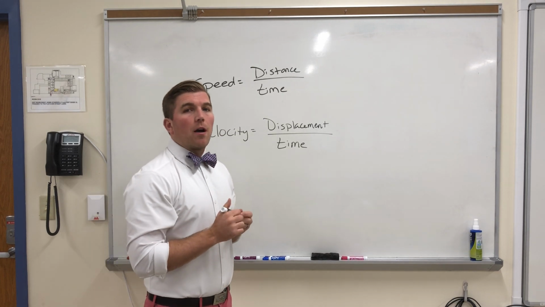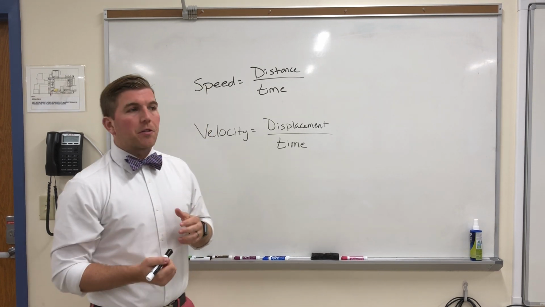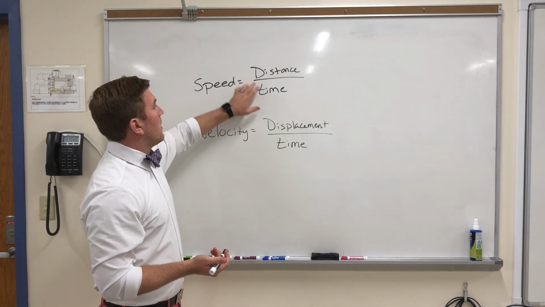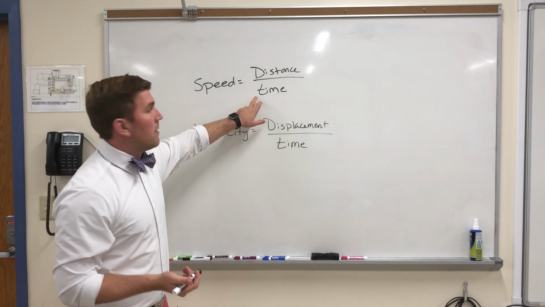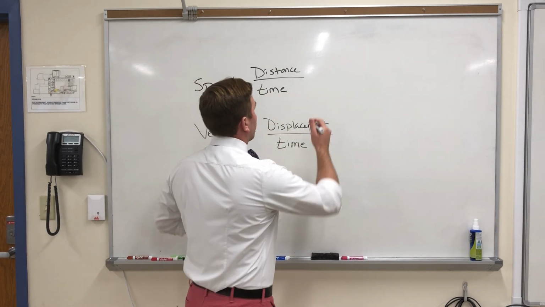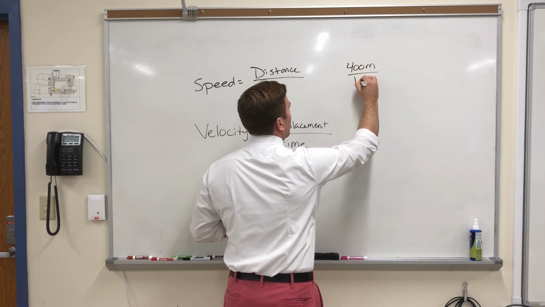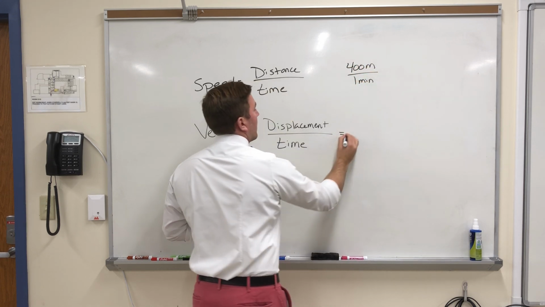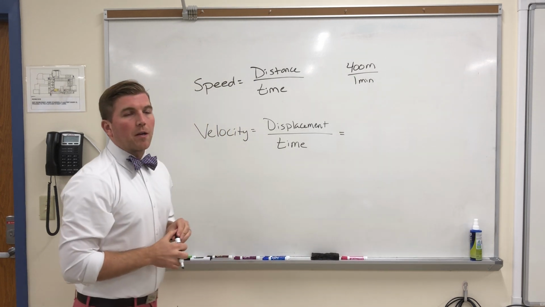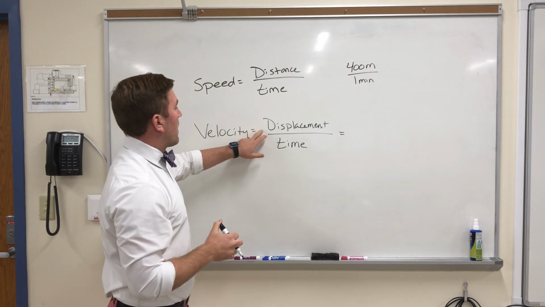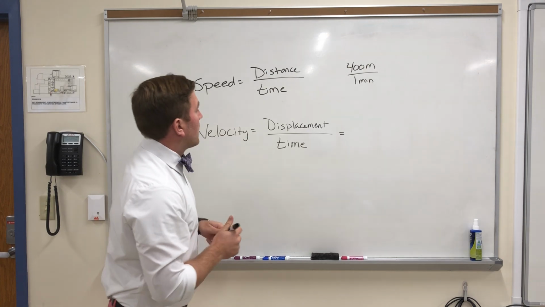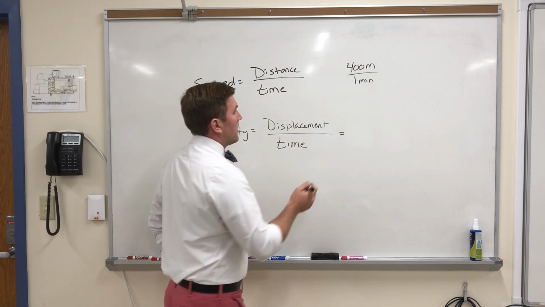So when you're in your car, if you drive around a track that is 400 meters around, and it takes you 1 minute, you would have a speed of 400 meters per minute. If I do the same drive in my car around the track, and I want to find my velocity, you would need to look at your displacement.